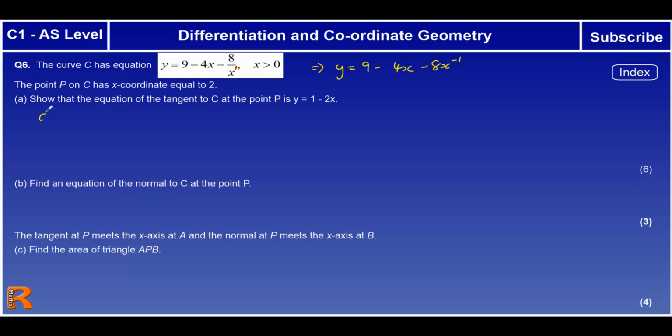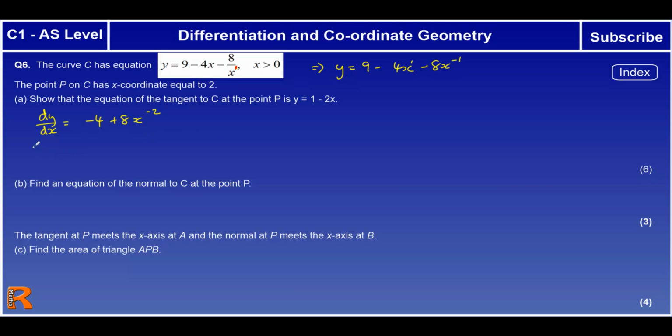So we want to divide by dx because we want the gradient of the tangent. So we're going to differentiate. The 9 disappears. We've got minus 4 times the 1 from here, x to the 0, which is minus 4. Then we've got minus 1 times minus 8, which is plus 8x, and we're going to take 1 off that to make minus 2.